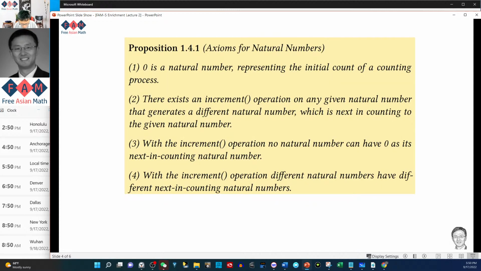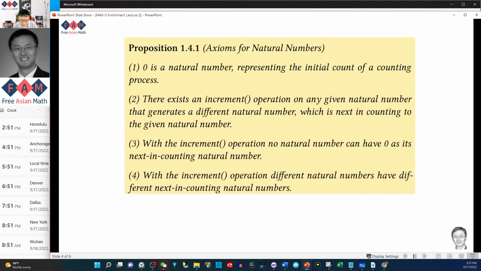And we explained we need some additional guard to make sure that there's no looping back or any looping at all. So we need two additional axioms. One says no natural number can have 0 as its next in the counting order. You can never count back, say from 5 back to 0, in this counting process. We also need to make sure that for 1, 2, 3, 4, 5, you cannot say the next one is 3.